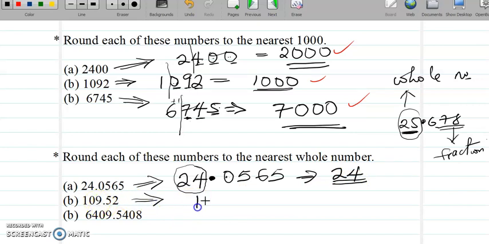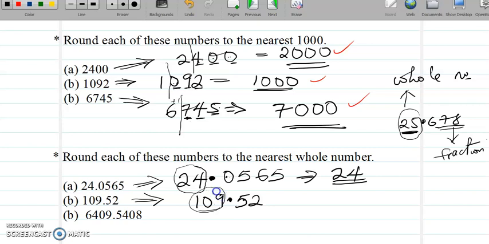This gives us 109.52. If you are asked to round this number to the nearest whole number, the whole number is the part before the decimal point. You see that? Then after the decimal point, the number it ended with is equal to 5. So once it's equal to 5 or greater than 5, we are rounding up. So since it's equal to 5, I will add 1 to 9. So this becomes 10.